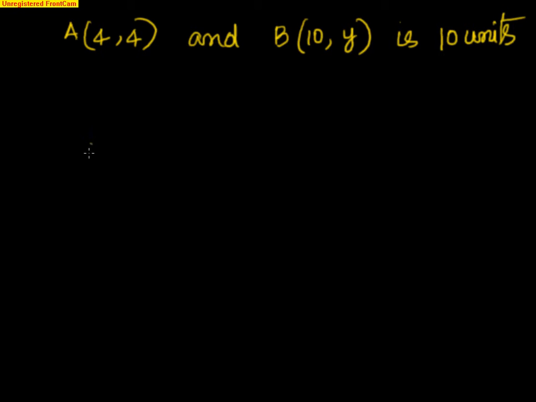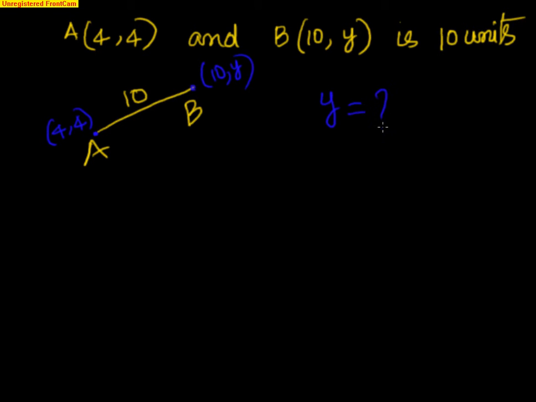We have been given A and B and that the distance between them is 10 units. Find the value of y. A is 4, 4. B is 10, y. What is the value of y?